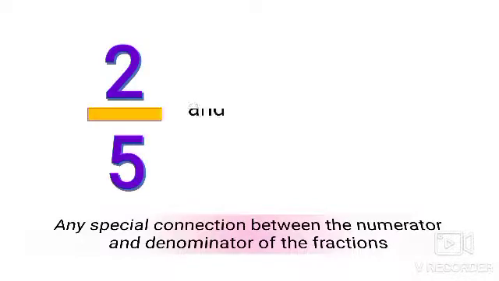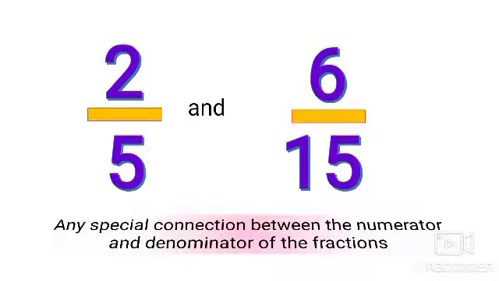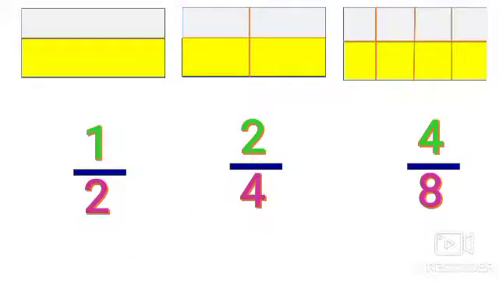Okay, now is there any special connection between these two fractions, or we can say between the numerator and denominator? Yes, I will explain that. You see here, student, the first fraction is 1 upon 2, the second is 2 upon 4, and the next is 4 upon 8. These are equivalent fractions.